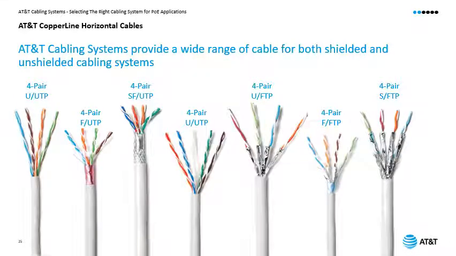AT&T cabling systems provide a wide range of cables, both shielded and unshielded. We highly recommend shielded cables for PoE applications. We have 4-pair U/UTP, 4-pair F/UTP, 4-pair SF/UTP, 4-pair U/FTP, 4-pair F/FTP, and 4-pair S/FTP.